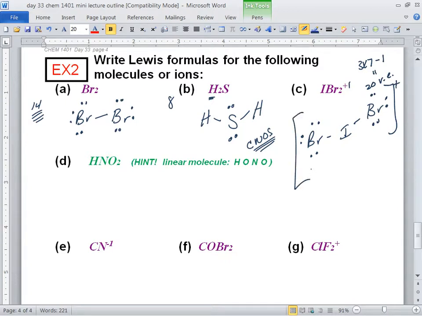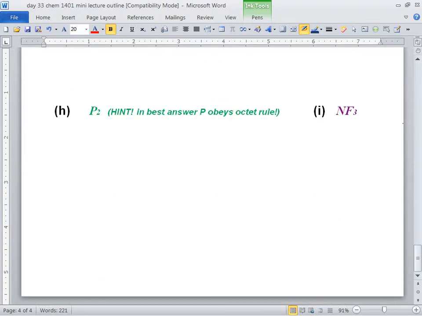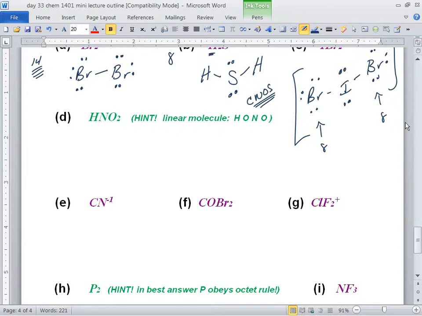Do we use them all up? We have 8 around this bromine and 8 around that bromine. So we only used up 16. Yeah, 2 on top and bottom. Okay. All right. So let's go to the boards and see how many of these we can knock out, and we can have a good weekend.